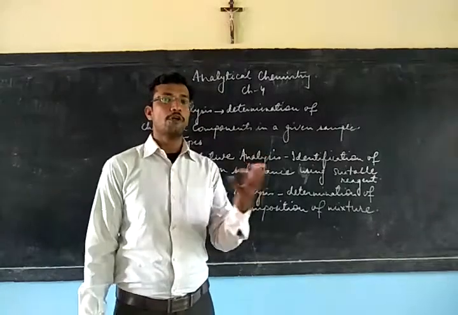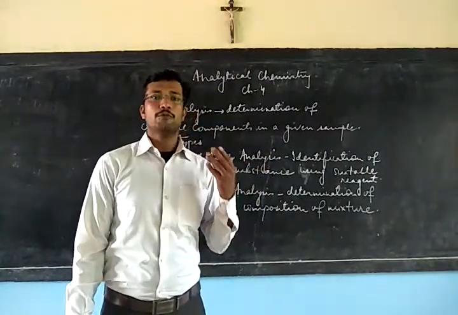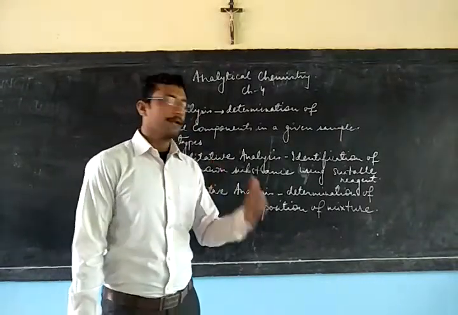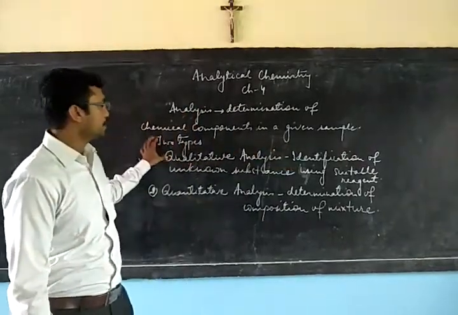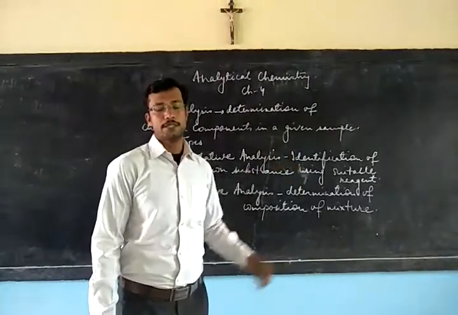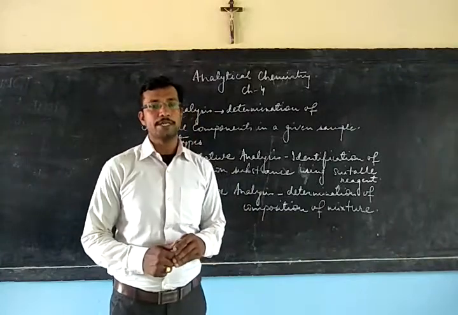For example, a salt is given to you and you are asked to find out which metal ion is present in it. This can be done using a process which comes under the analysis called chemical analysis or qualitative analysis. How will you carry out this analysis process?